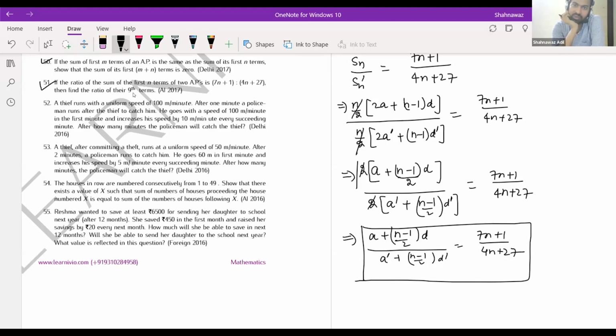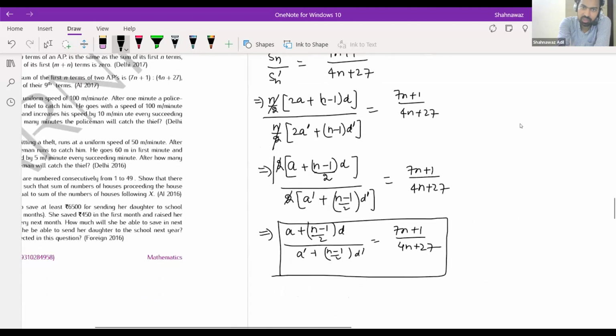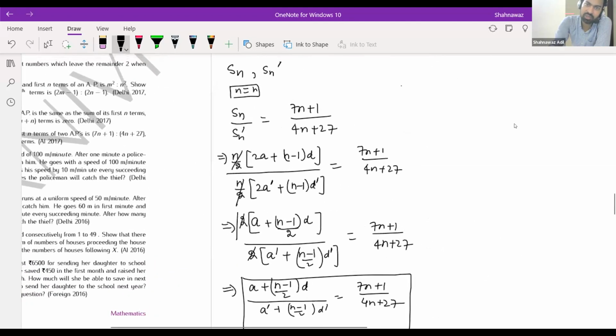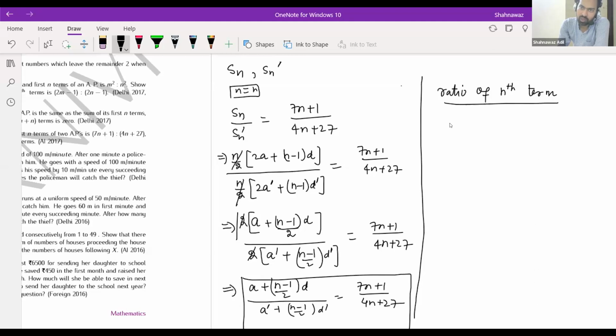First, let us calculate the ratio of the nth terms, an by an prime, and then we'll be able to solve this part.